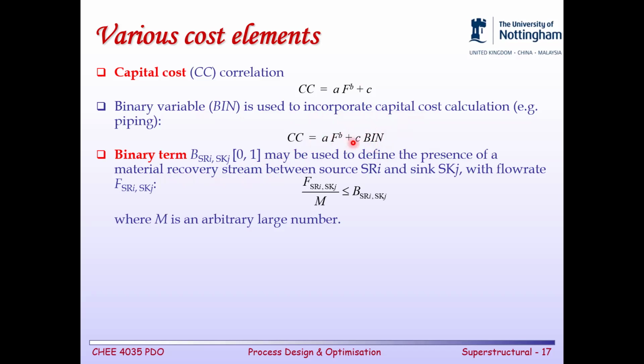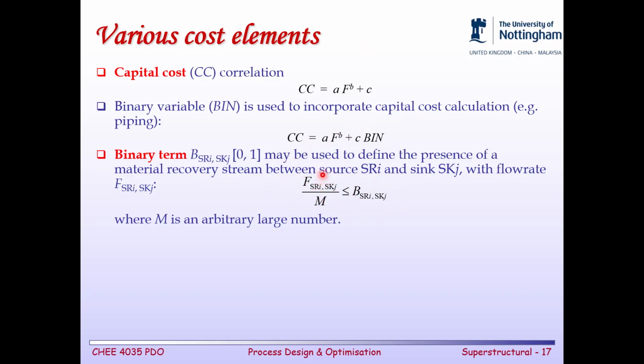So how do we assign 0 or 1 to our binary variable? We can use this code right here. So remember, FSR, FSK. This term right here represents the connection between source I and source J. So if the connection is 0, that means there's no flow. But if it's greater than 0, it means there's a flow.